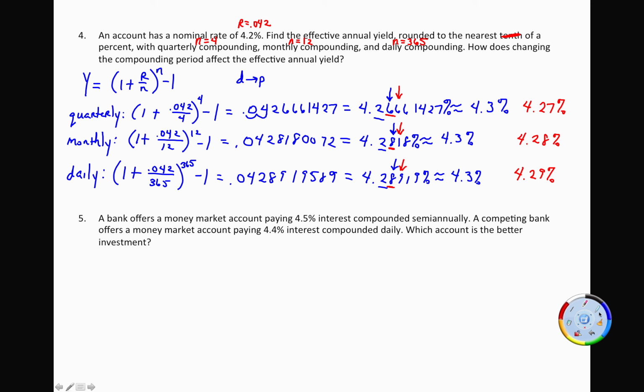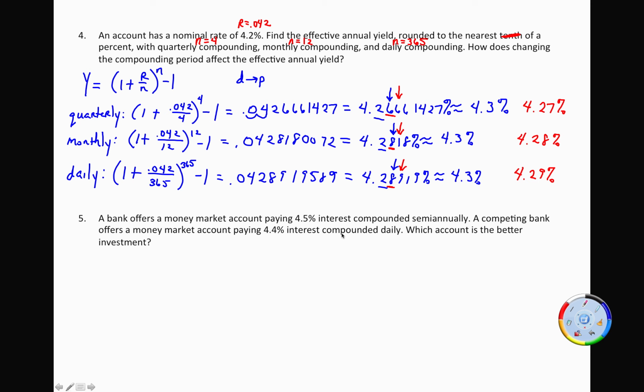All right, let's look at this last one. A bank offers a money market account paying 4.5% interest compounded semi-annually. Okay, so I know I'm using my compound formula. A competing bank offers a money market account paying 4.4% compounded daily. Which account is the better investment? Okay, that's another effective annual yield question.